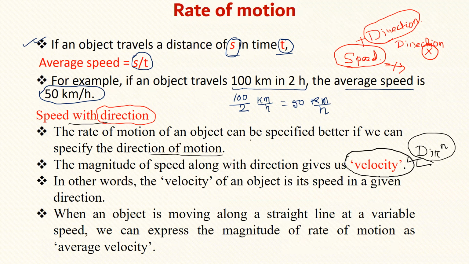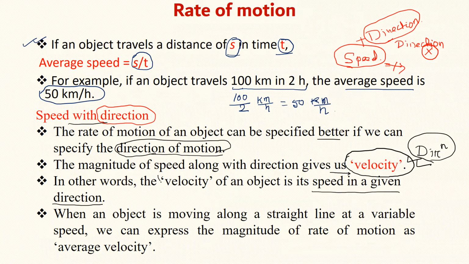The magnitude of speed along with direction gives us velocity. In other words, the velocity of an object is its speed in a given direction.